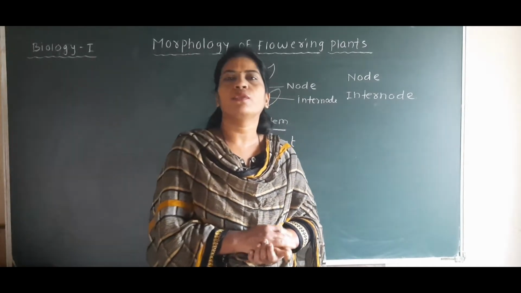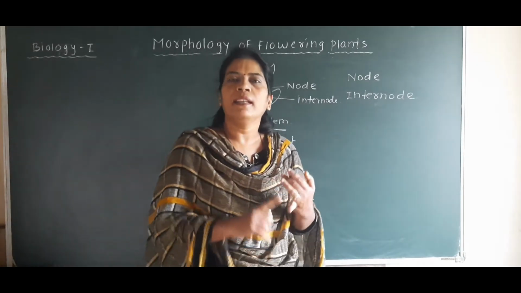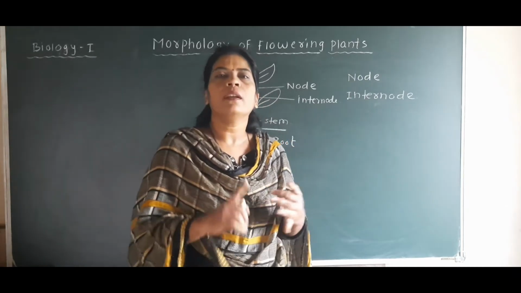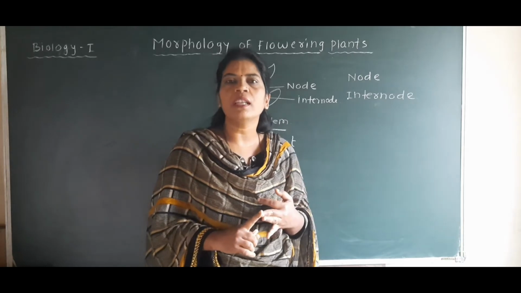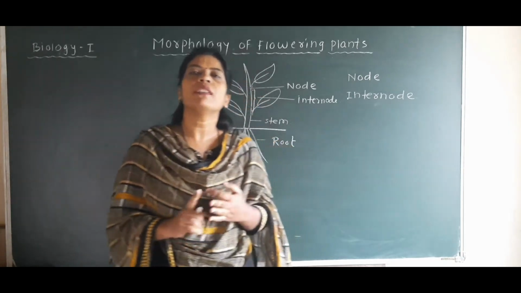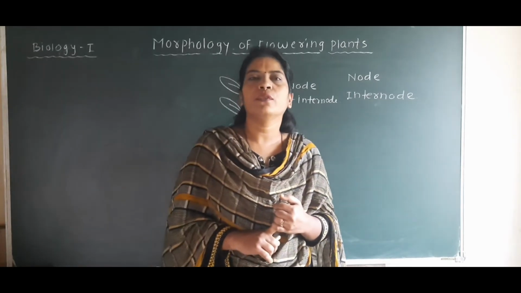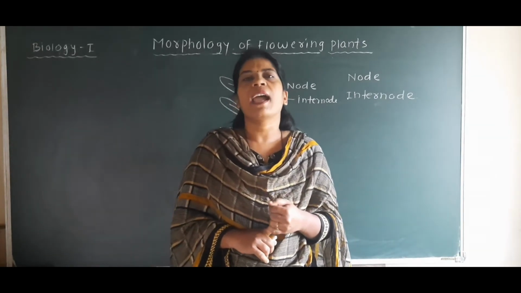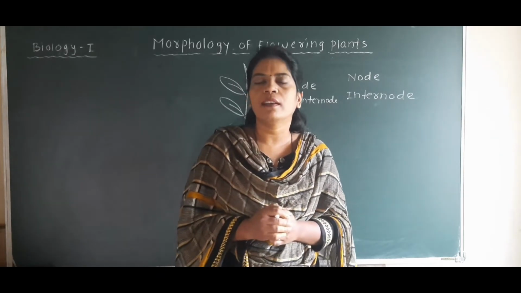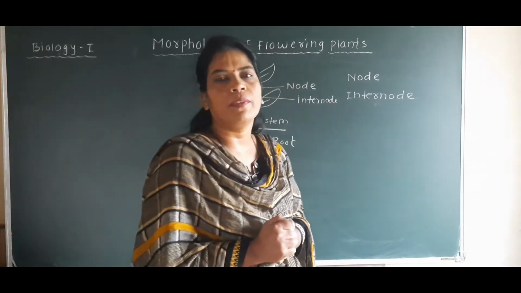That means first we have to study root, then its modification, stem, its modification, leaves, its modification, then fruits, its different types, flowers, their modification, and last we have to see the seed and its different types. And at last we have to discuss the different families of this plant.